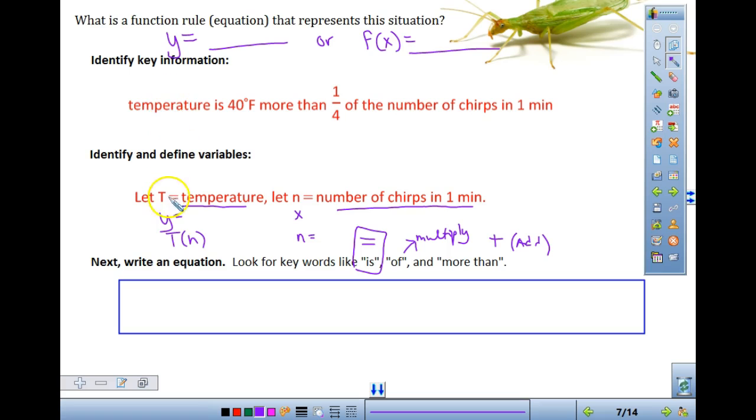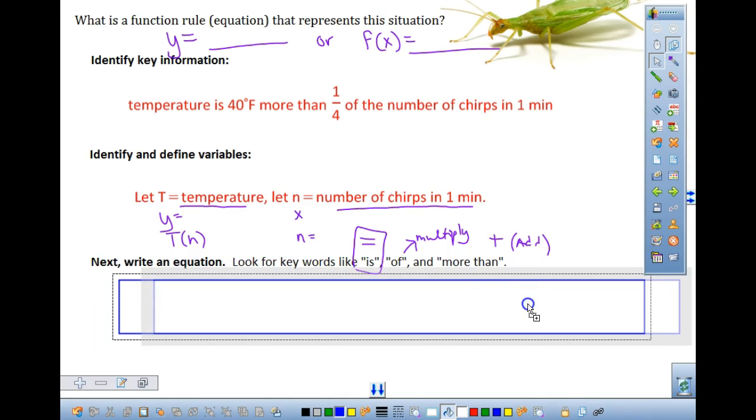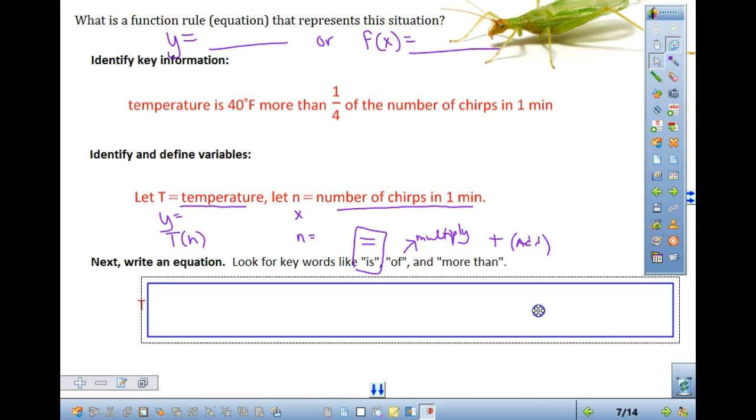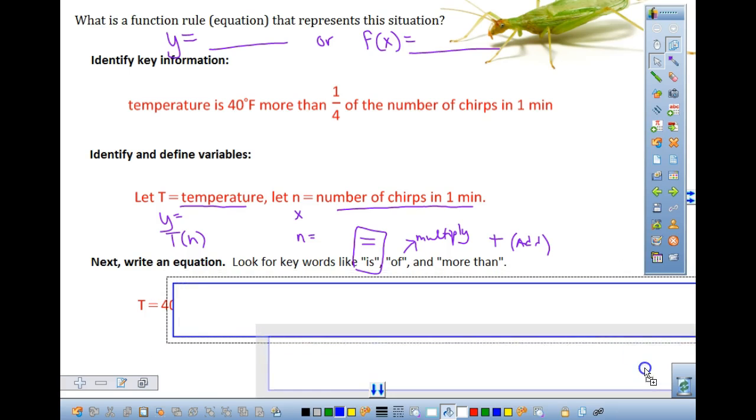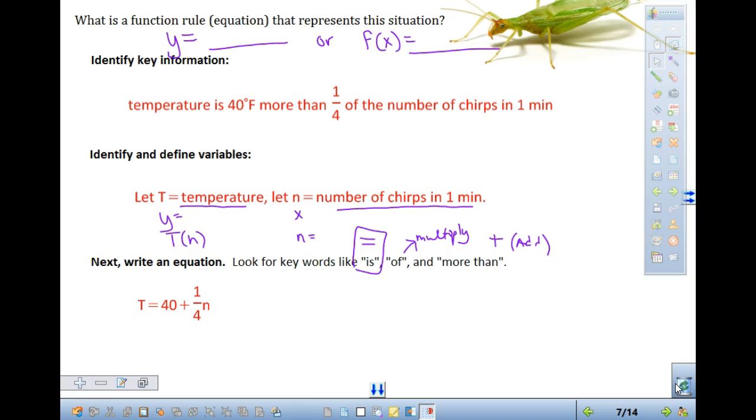So the temperature is, so T, right, equals 40 more than. So we are looking at T equals, is our is, 40 more than is plus 1/4 n.